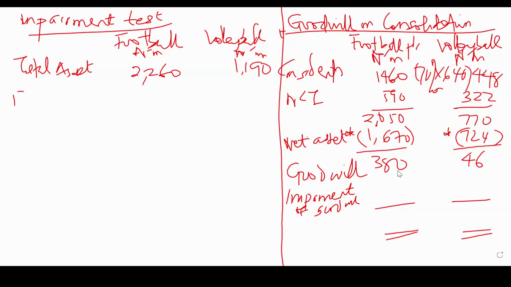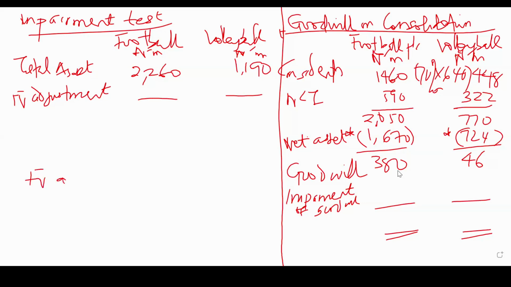Fair value adjustment. For Football PLC, they said 54. No, sorry, we need to calculate that. They both have excess in fair value, which is due to non-depreciable land. I'll come back to this. So let me see if I can do it here.